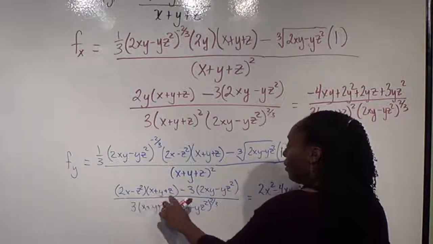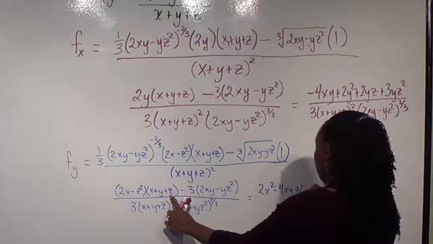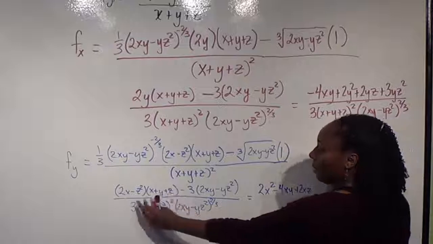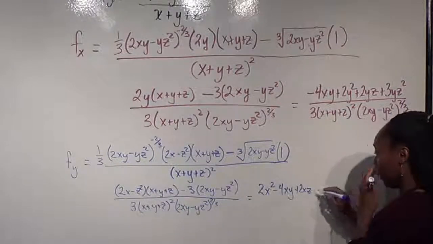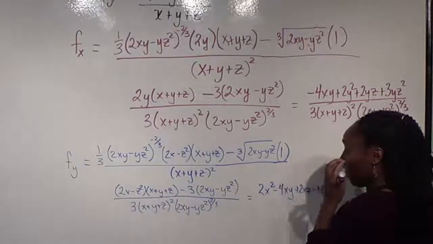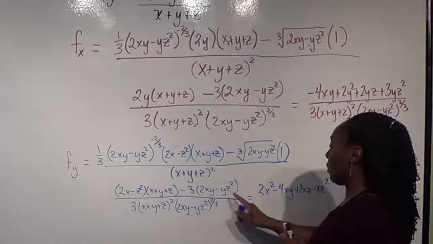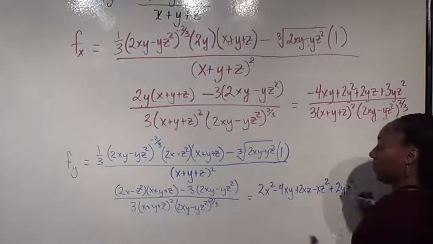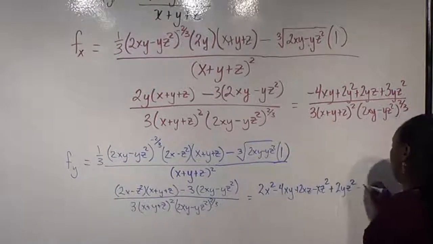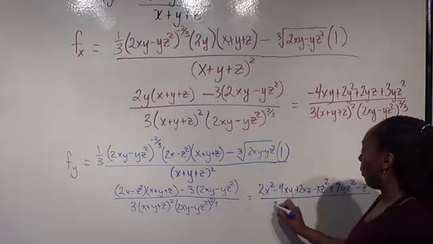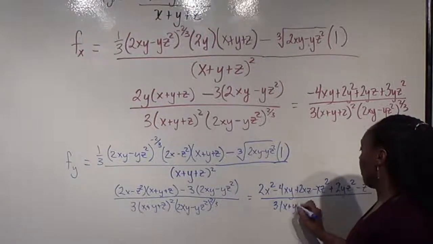We'll get a 2xz minus an xz squared minus a yz squared plus 3yz squared minus a z cubed. And again, that's all over that denominator.